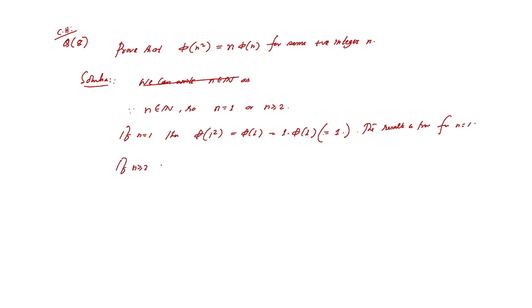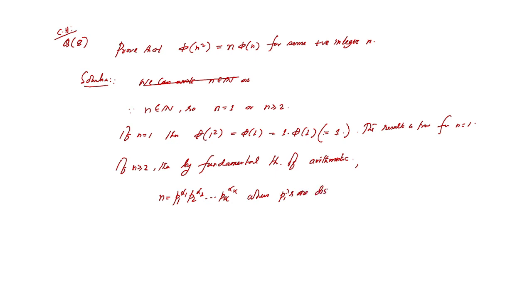Now if n is greater than or equal to 2, then by the fundamental theorem of arithmetic, n has a canonical representation p1 to the power alpha 1, p2 to the power alpha 2, up to pk to the power alpha k, where all pi's are distinct primes and all alpha i are natural numbers for i equals 1 up to k.